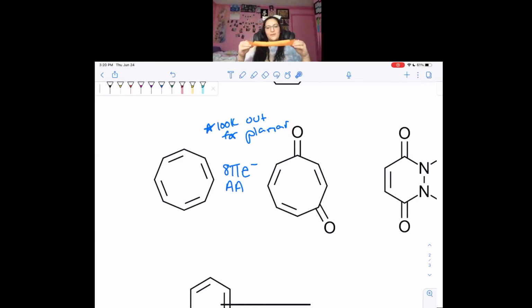It'll be anti-aromatic. If it bends out of the plane, it's now more stable. And if it breaks the planar rule, it's not anti-aromatic anymore. It's what? Non-aromatic. Perfect.